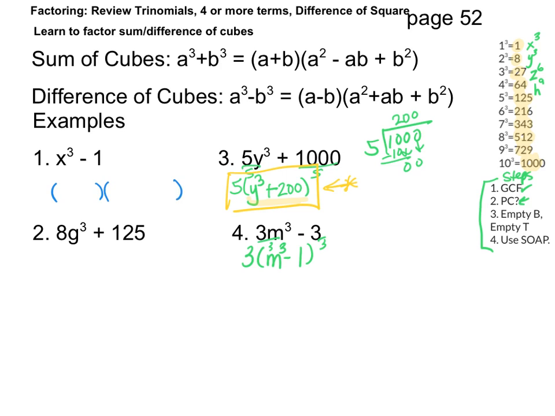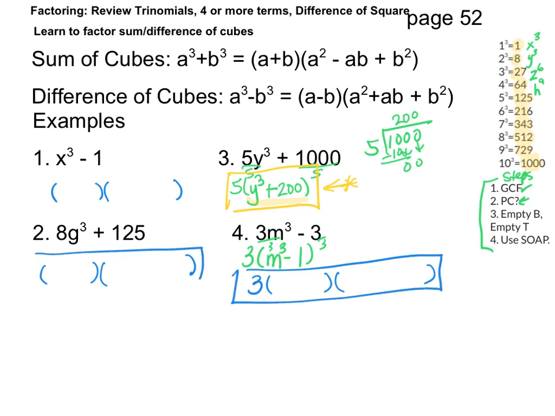For number 2, I'm going to put an empty binomial and an empty trinomial. For number 4, I'm going to put an empty binomial, an empty trinomial, and make sure to include my 3 in my answer. Now I know these are going to be finished after I complete that last step, so I'm going to go ahead and box in my answers. And if you want to do these one at a time, it's fine. I just want to talk through them all at the same time.